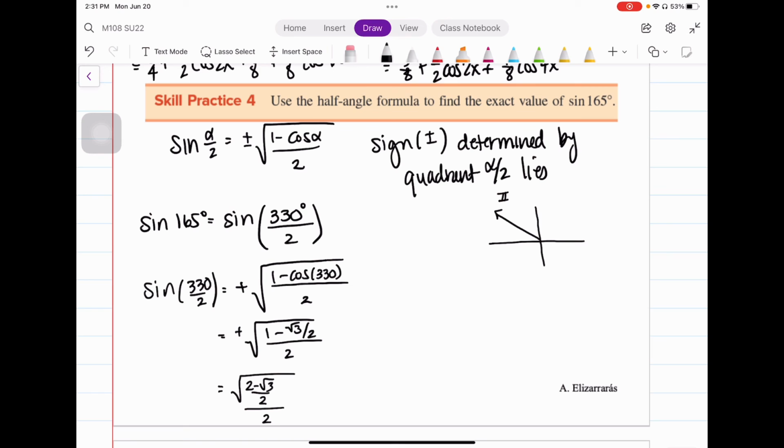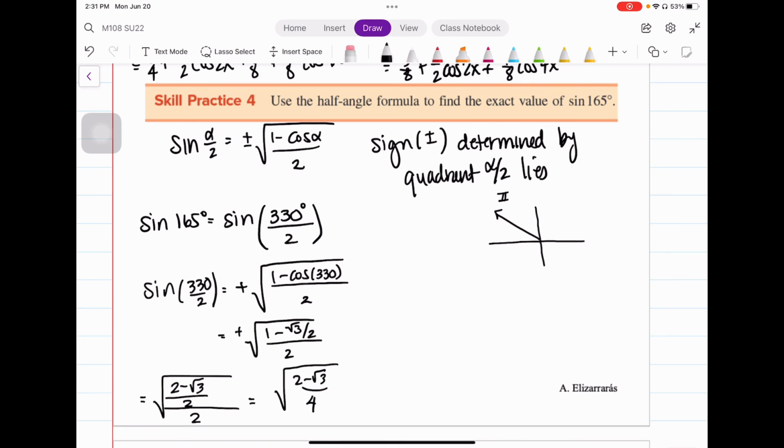I'm going to find a common denominator for the numerator. That's going to be 2 minus root 3 over 2, and that's divided by 2, so that actually becomes divided by 4. It's actually all inside the square root. That's 2 minus root 3 over 2, all divided by 2.